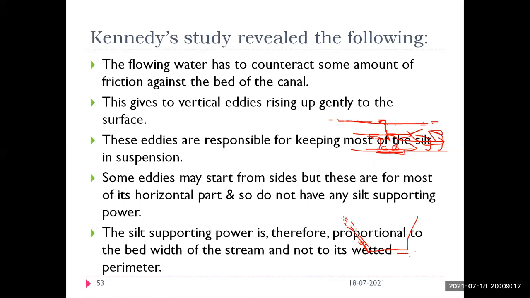The silt supporting power is therefore proportional to the bed width of the stream and not to its wetted perimeter, because whatever eddies form, they form only on the bed of the channel. They do not form due to the side slope, or only in rare cases. That's why the silt supporting power is directly proportional to the bed width and does not depend on the wetted perimeter.